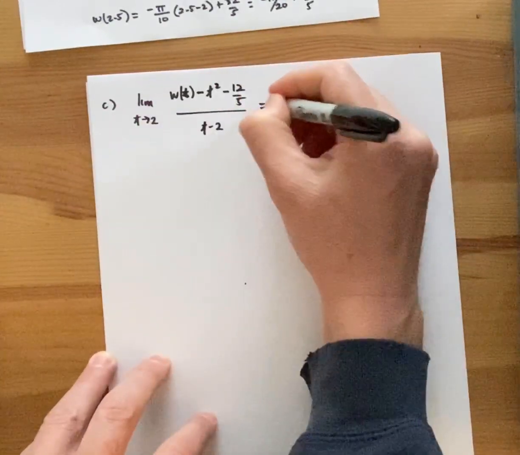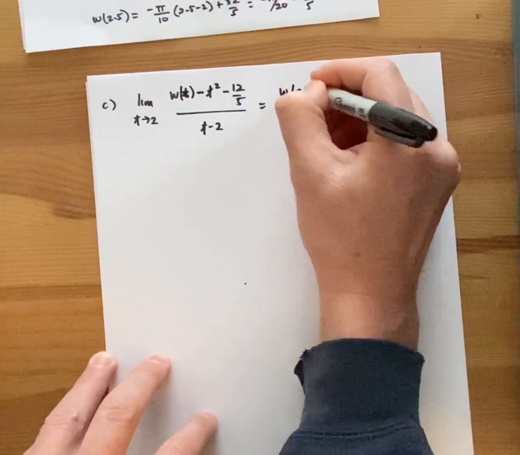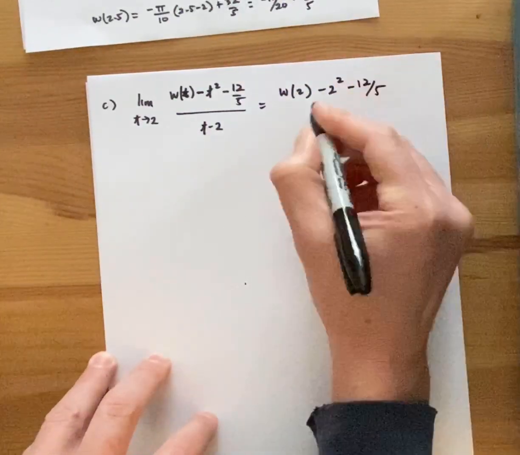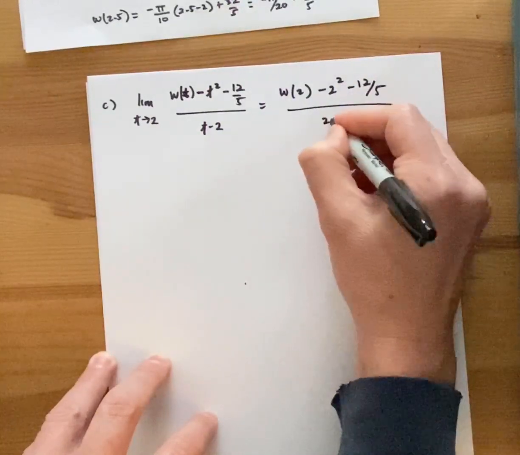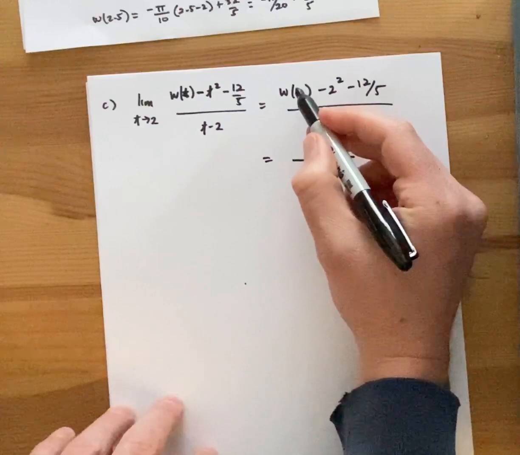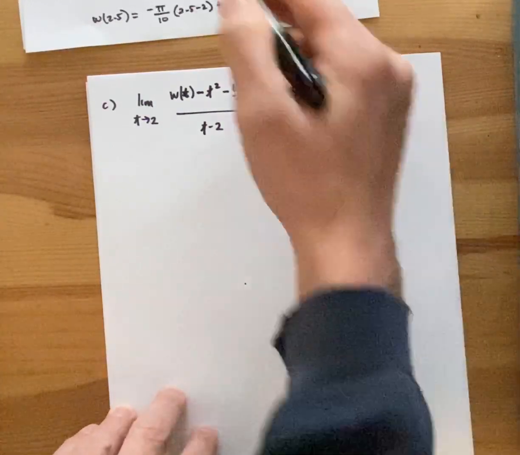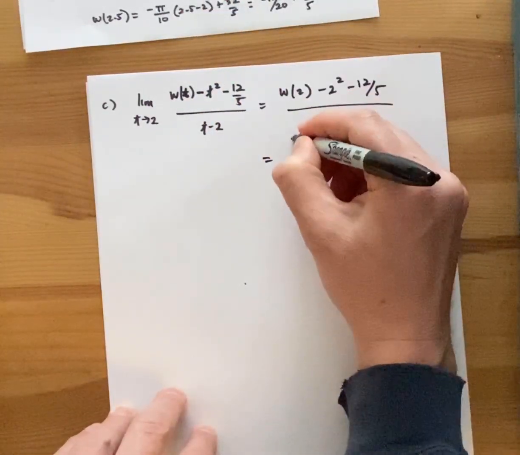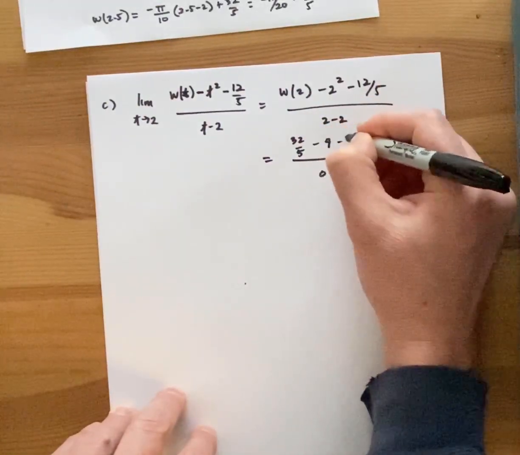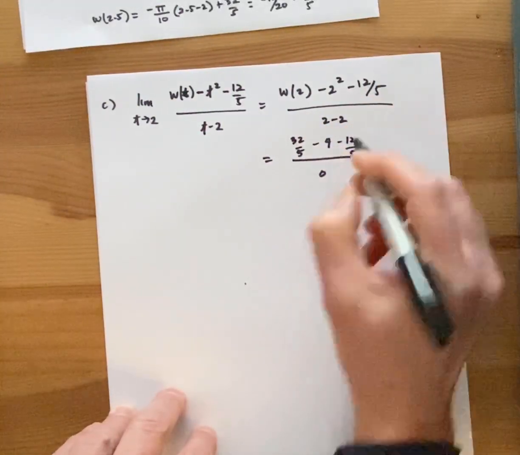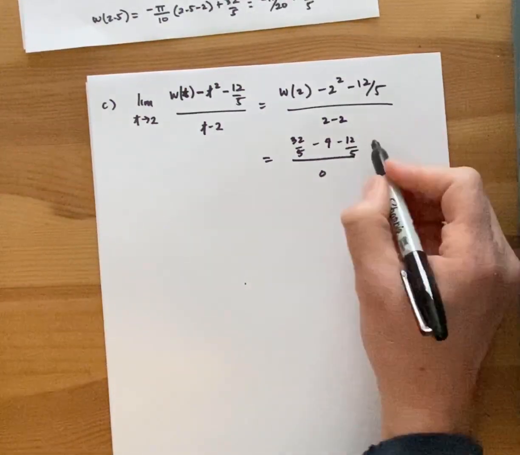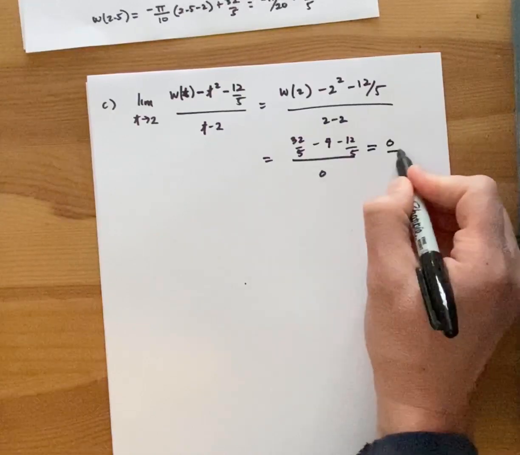Okay, so remember, your first step always is to plug in what you're approaching. W of 2 we did, right? So W of 2, we got 32 fifths minus 4 minus 12 fifths, right? So this is going to give us 0 over 0.